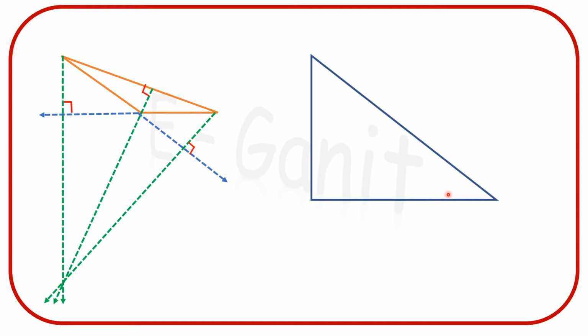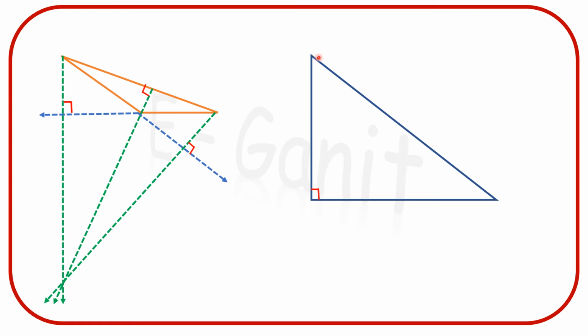Here I draw a right angle triangle. In a right angle triangle, the sides forming the right angle are base and height. If I take this side as a base, then this is the height. If I take this as a base, then this becomes the height.